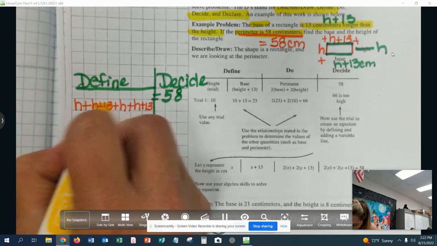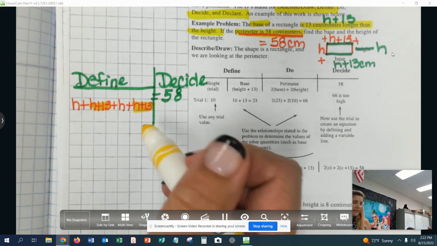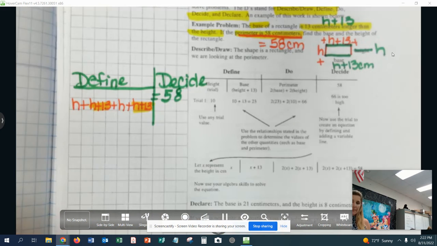This is actually the width or the base, right? The h plus 13. I'm just showing that to you. So we're going to add up all the h's. I counted 1, 2, 3, 4 h's.